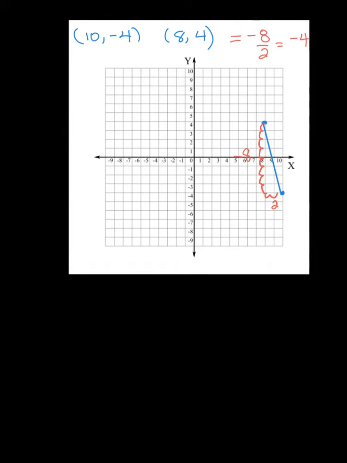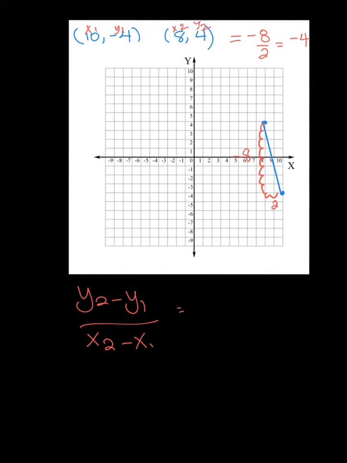All right, to use the equation, y2 minus y1 over x2 minus x1. And go ahead and label your points: x1, y1, x2, y2.